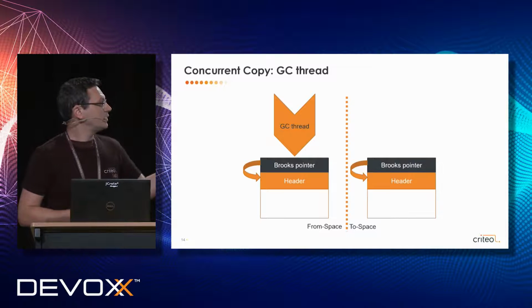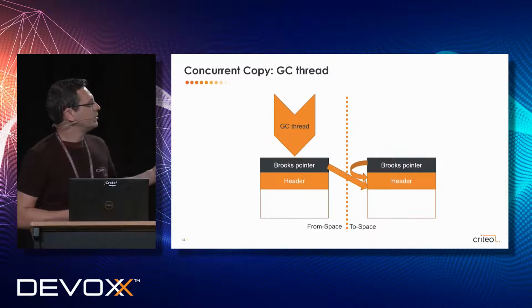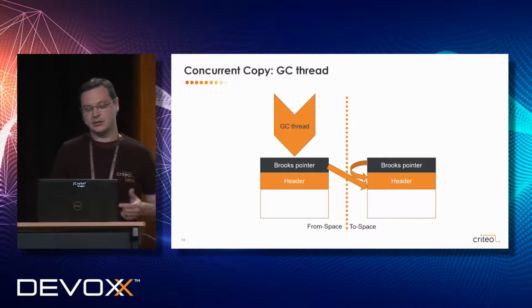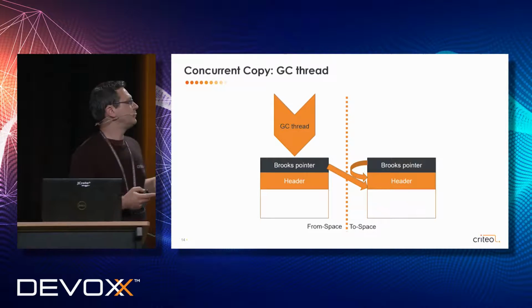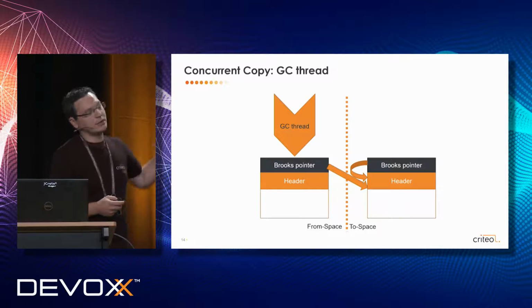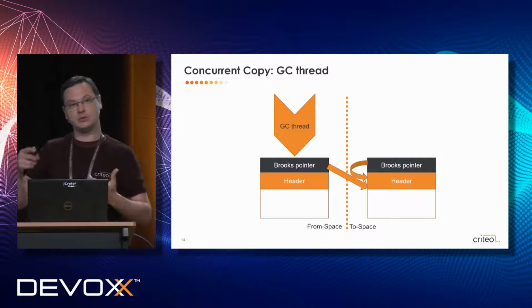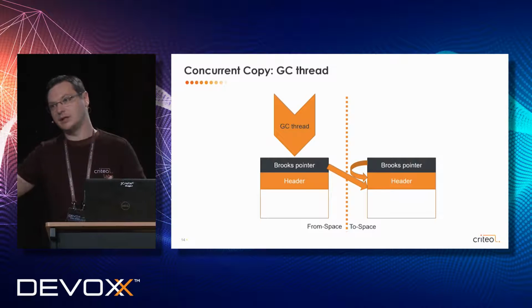We copy the object into the to space, and then we update the Brooks pointer to point to the new location of this object. It means that if another application thread tries to access the object in the from space, it will dereference the Brooks pointer and get to the new location.